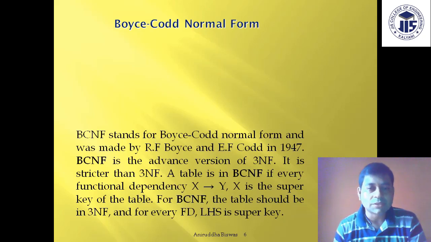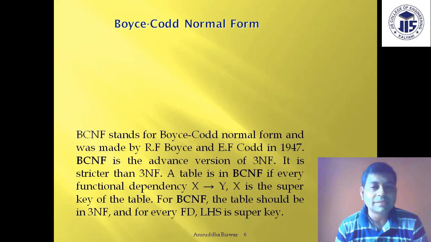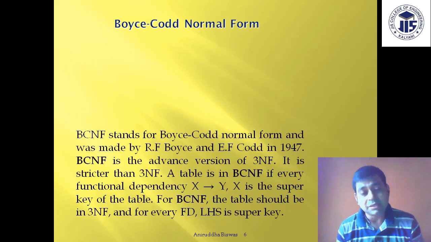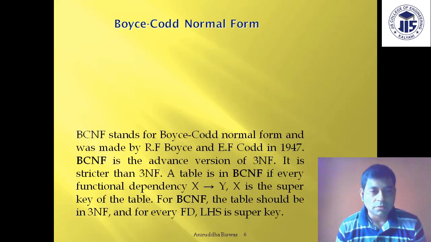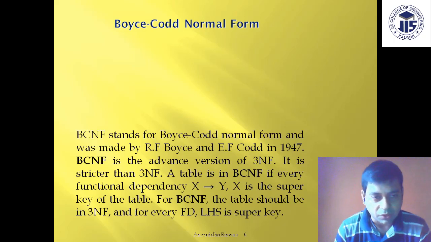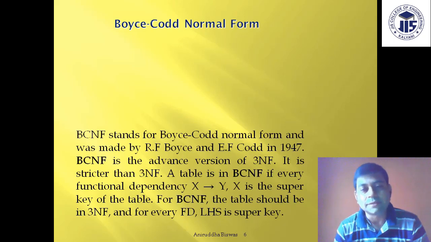But this name is given from two scientists' names. One is R.F. Boyce, another is E.F. Codd. And in 1974 it was given, and BCNF is an advanced version of 3NF. That is why it is called stricter than 3NF.